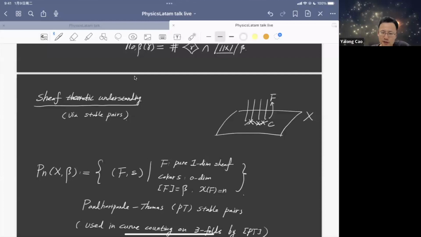Just say F is a sheaf or a bundle over a curve, and S is a section of this bundle over this curve.